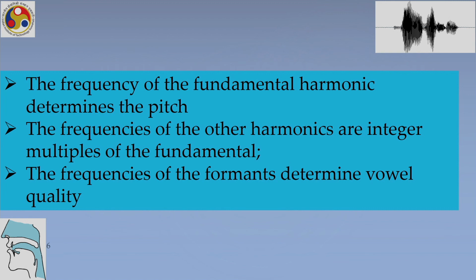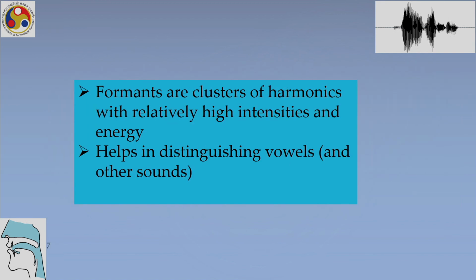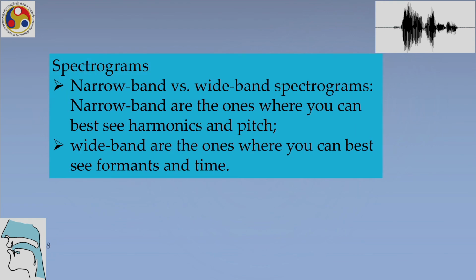So, there is a difference between the formants and the fundamental frequency. The formants are clusters of harmonics with relatively high energy intensity. They are seen as dark bands. They help in distinguishing vowels and also some other sounds, as we will see in the latter half of this lecture.